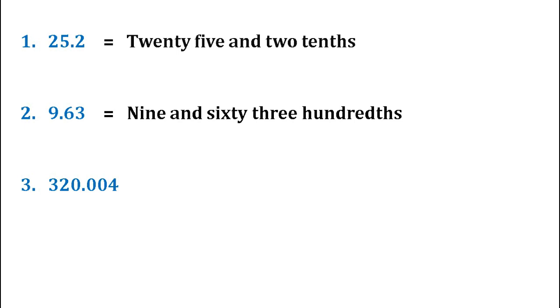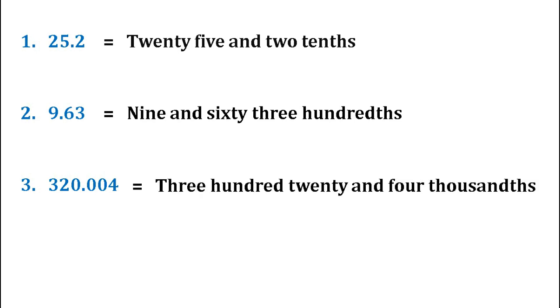The third example is 320.004. Since the number 320 is to the left of the decimal point, it can be read as 320. The decimal point can be read as and.